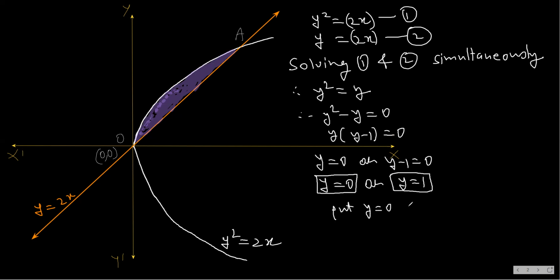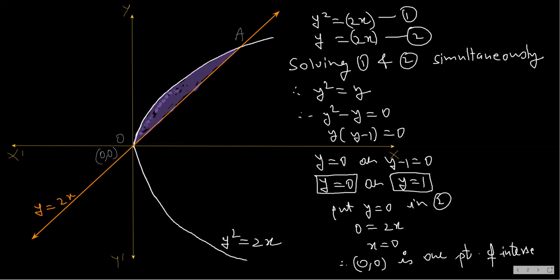Put y equal to 0 in 2. तो क्या मिलेगा? देखो, so you will get 0 equal to 2x, so x is also 0. तो जब भी y 0 है, x 0 है. इसका मतलब 0 0 is one point of intersection. 0 0 एक point of intersection है, पहले ही मिल गया था.